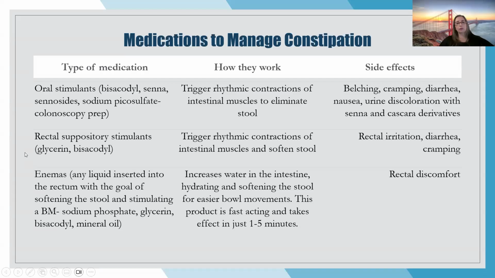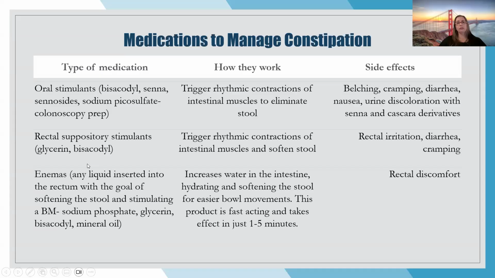Then if individuals have trouble with constipation, we may need to resort to a suppository that is a stimulant. Glycerin suppositories stimulate a bowel movement, as well as bisacodyl, and they work in about maybe 15 minutes to a few hours.